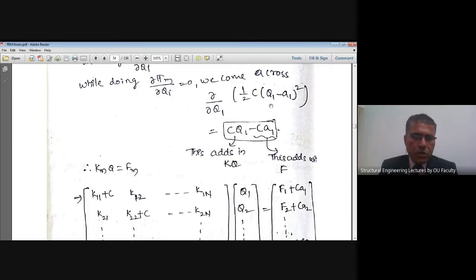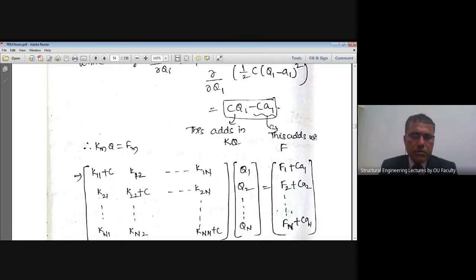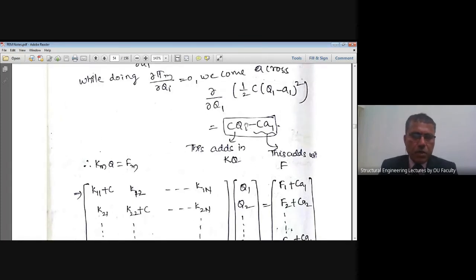With respect to q1, this 2 gets cancelled, so I get C multiplied by q1 minus C multiplied by a1. But please see that C multiplied by q1 is still unknown, because q1 is unknown. From the solution I'll get q1 also, right?